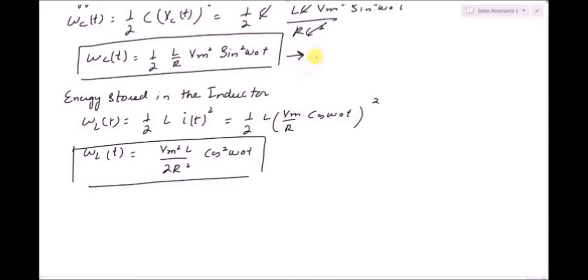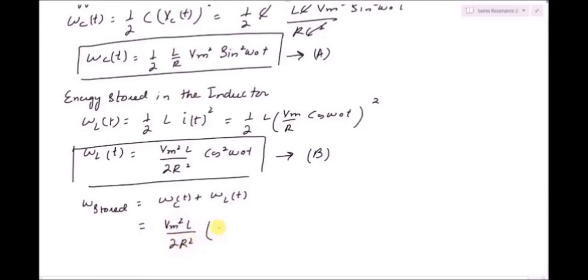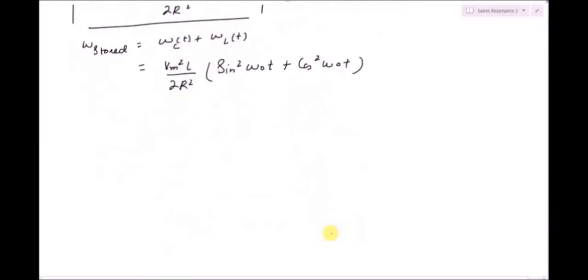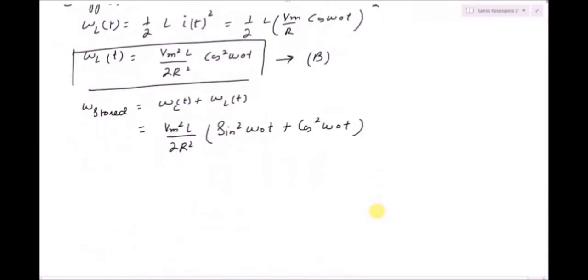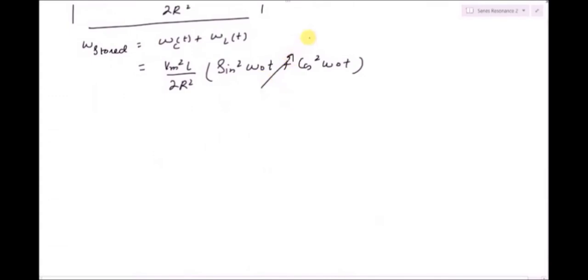We have found out the energy stored in the capacitor. So this is A, and the energy stored in the inductor is B. So the total energy stored in the RLC circuit is, from A and B, I can write it down as, and from trigonometric identities I know that this is 1, and the total energy stored in the RLC circuit is the magnitude of the voltage square, the inductance value divided by 2 into resistance square.